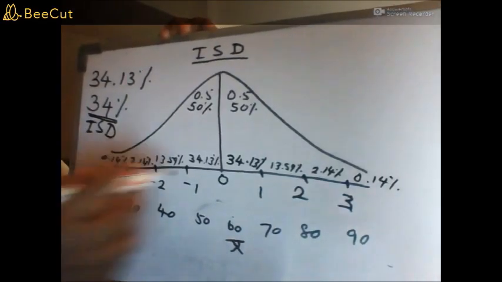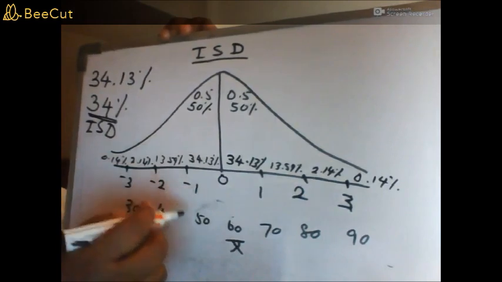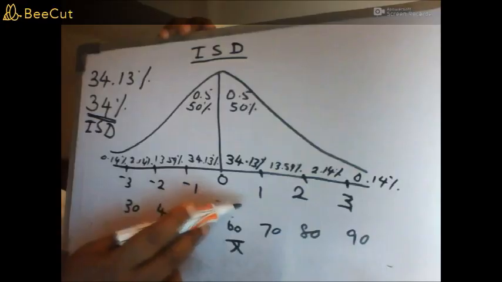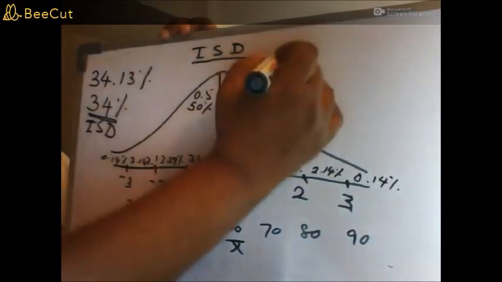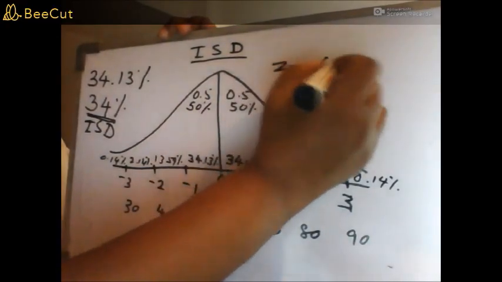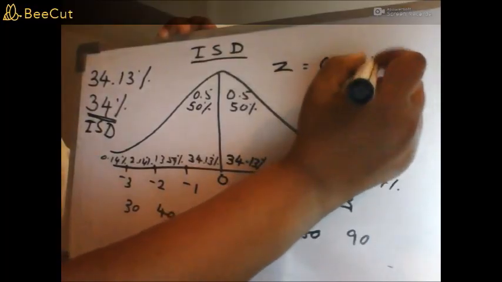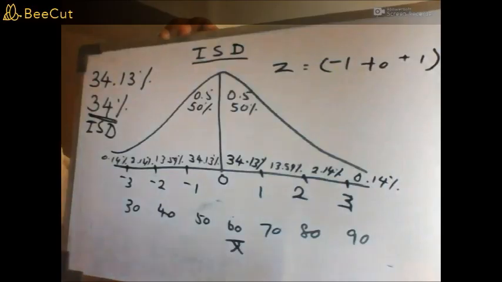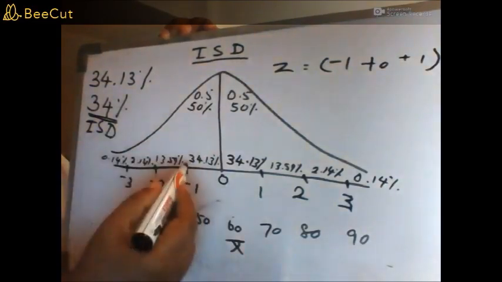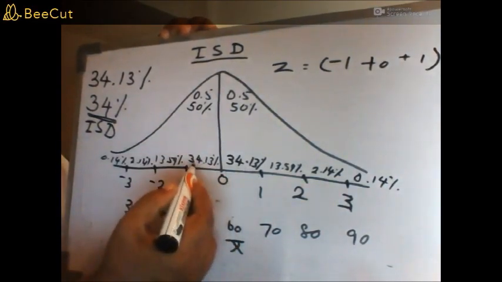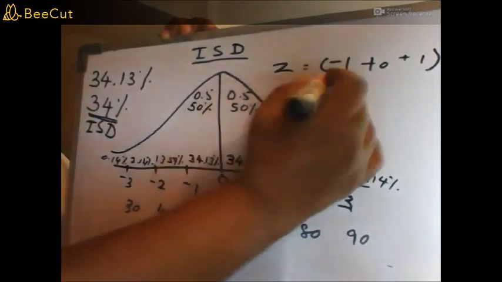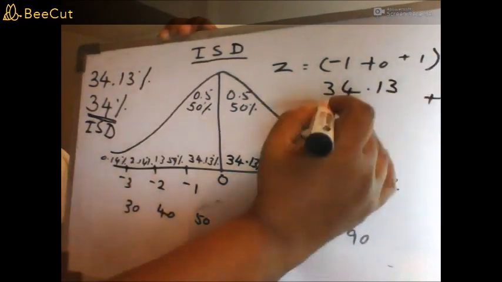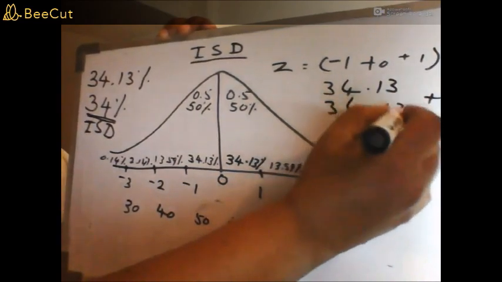Now tell me, what is the ISD between Z equals -1 and +1? So -1 to +1, that means you have to add these two together. 34.13 plus 34.13.